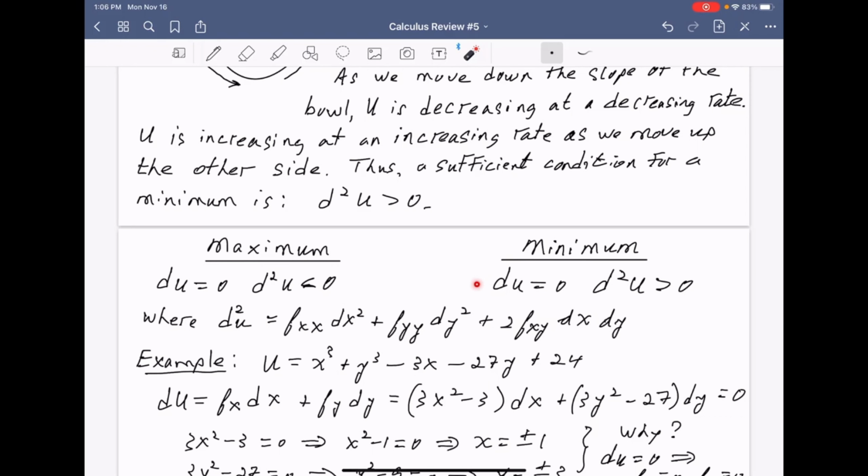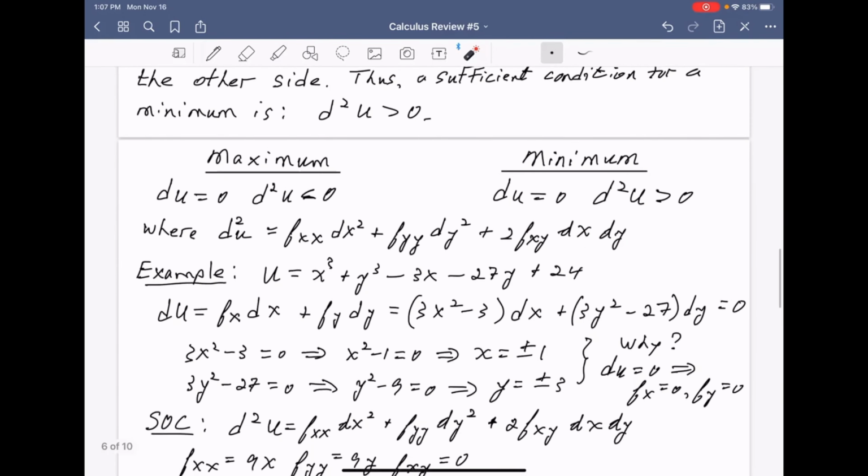For a minimum, again, du has to be 0 and d squared u has to be positive, where d squared u is simply the second partial with respect to x multiplied by dx squared, plus the second partial with respect to y multiplied by dy squared, plus 2 times the cross partial times dx dy.